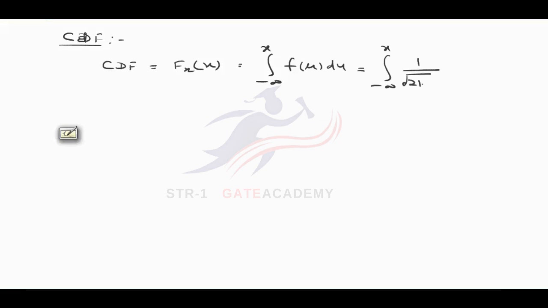The CDF of a Gaussian pulse via formula is the integral from minus infinity to x of f(u) du, which is minus infinity to x of 1 by root 2 pi sigma square e power minus x minus mu whole square by 2 sigma square dx.